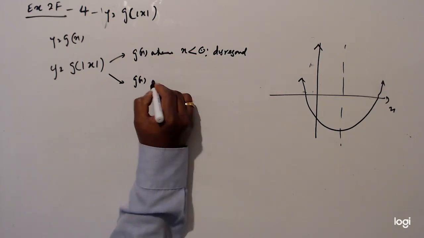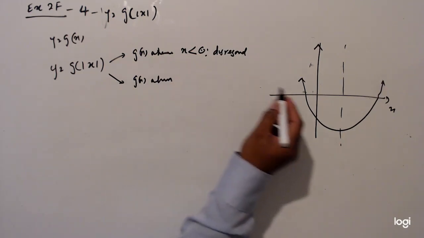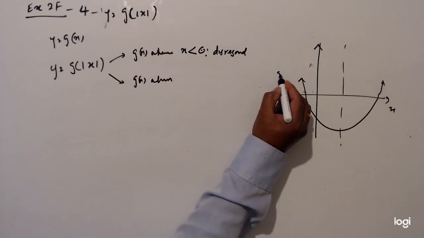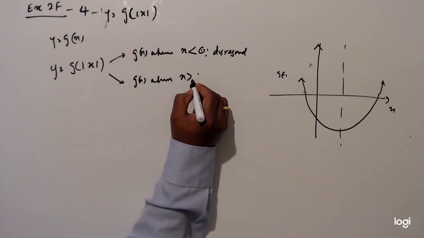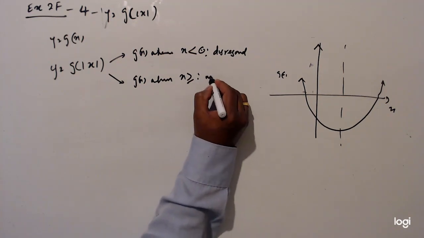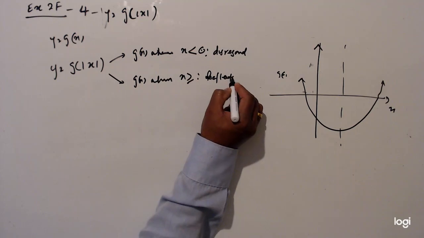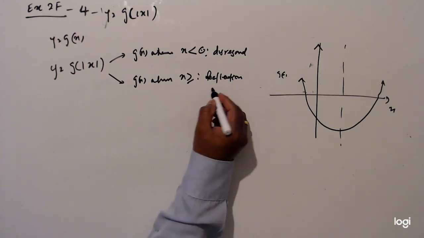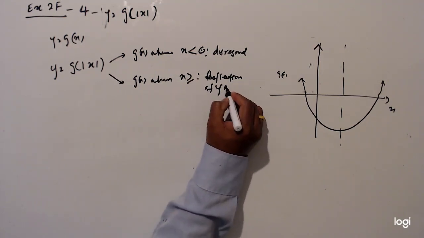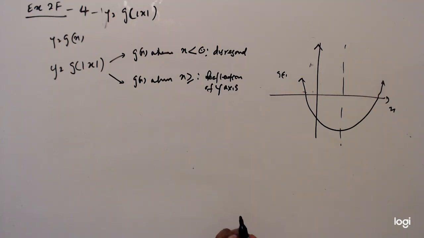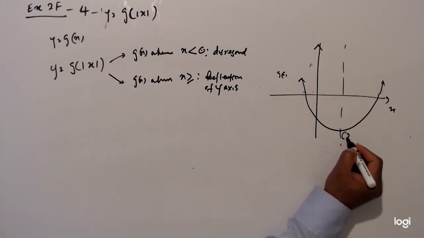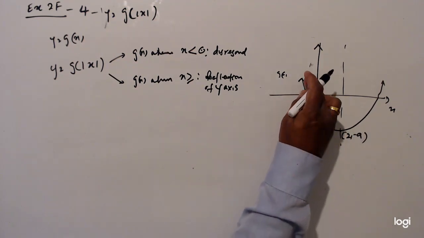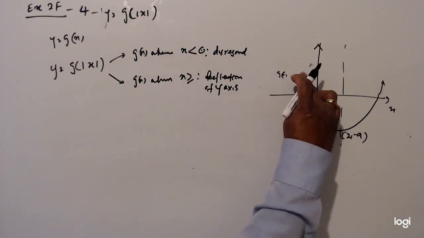And the g(x) graph where x is greater than or equal to 0, we take the reflection, or mirror reflection, in the y-axis. Now we have to disregard this area. So (-2, -9) is less than 0, disregard.